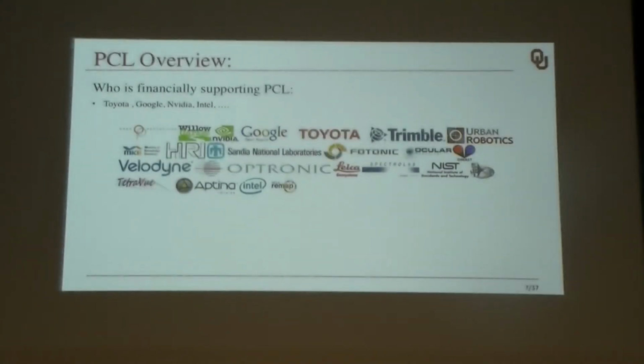So who is financially supporting PCL? Again, many big names here like Toyota, NVIDIA, Google. So after these 2 pieces of information, we can conclude that it should be a stable algorithm because it's supported financially and supported by many developers all around the world and by big companies.